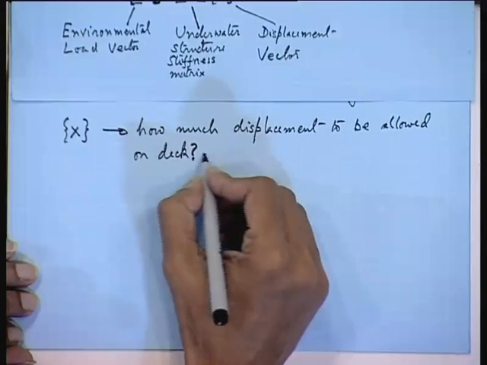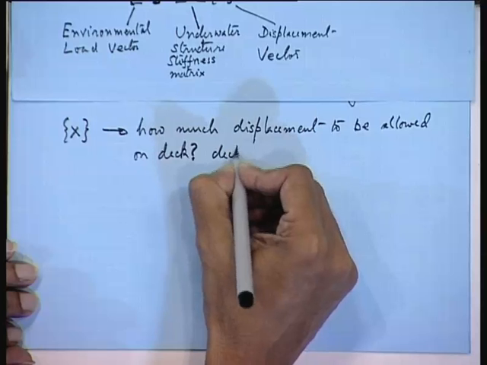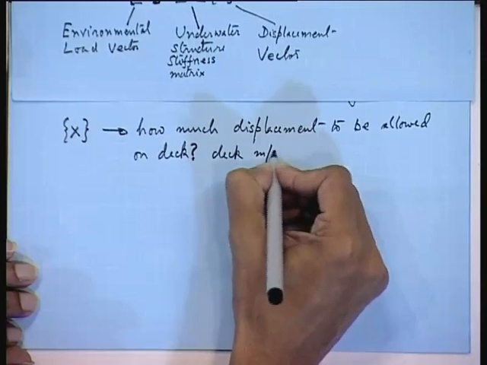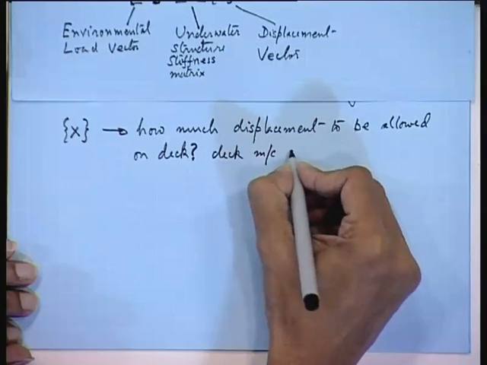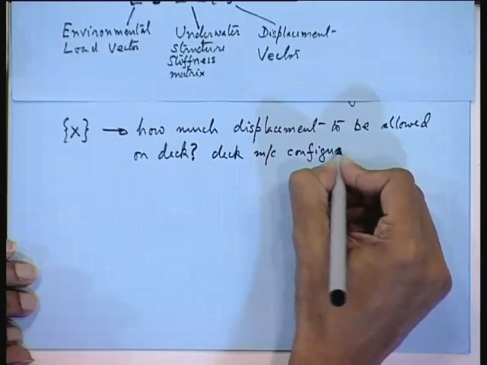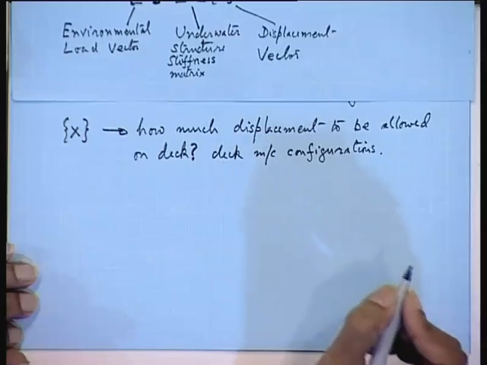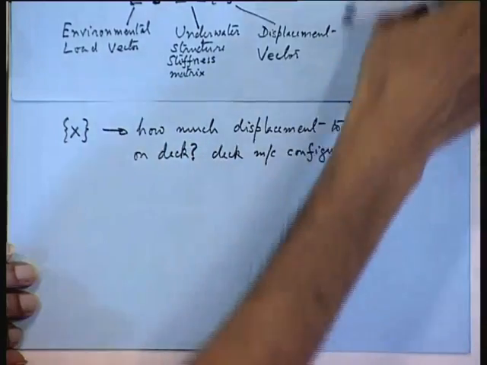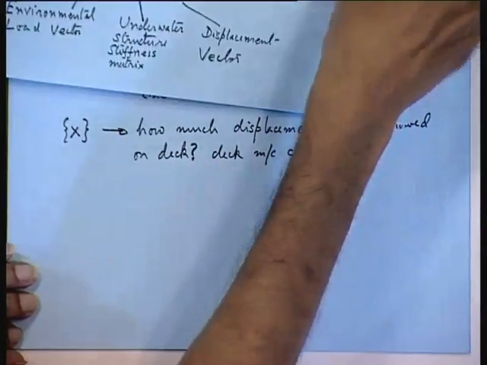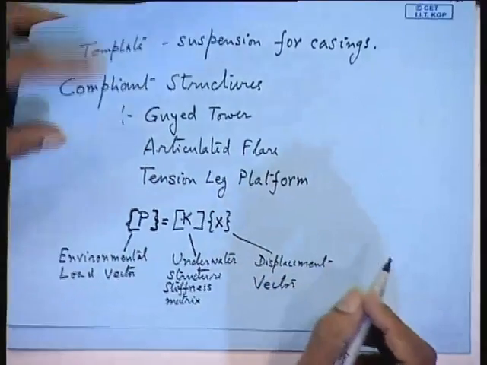So, that basic decision depends on your deck machinery configurations. So, there are a lot of engineering decisions you have to take for design. So, basic equation is this, the k, you have to play around with k.